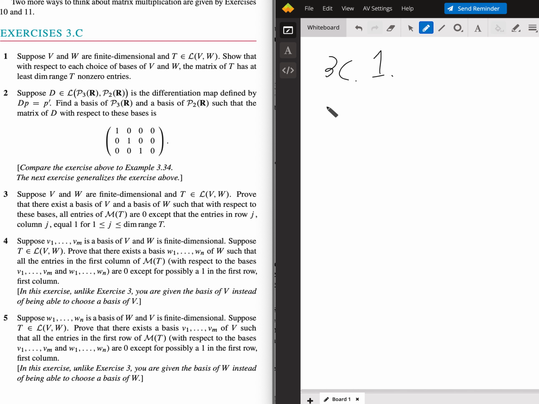So the matrix representation of a linear map. Let's say you have a linear map from V to W, name it T, then the matrix of such a linear map can be represented as something like this.